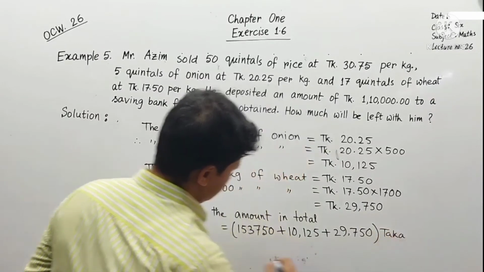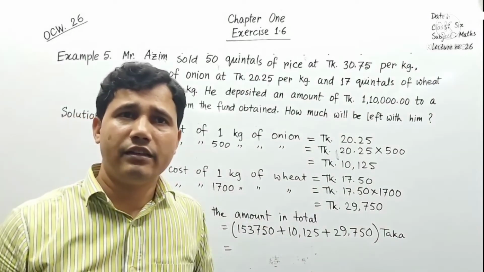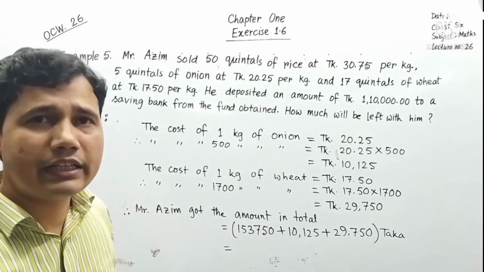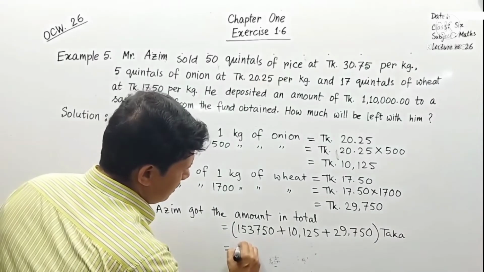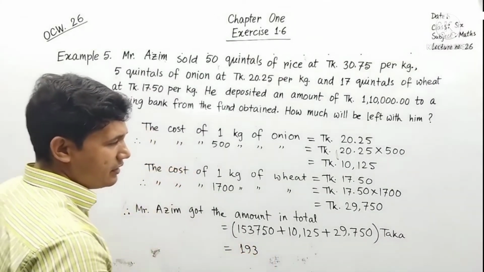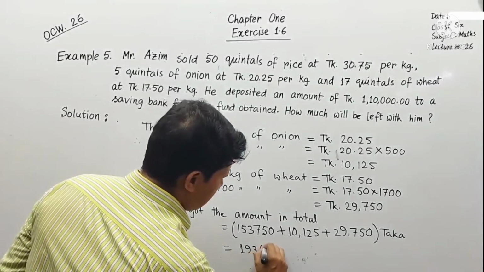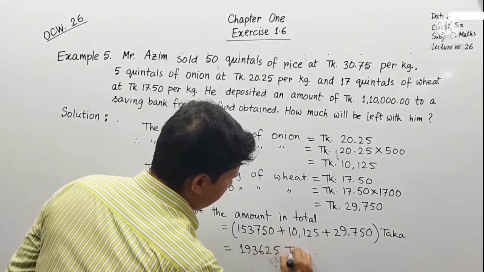That means total after adding we are getting 1,93,625 taka.